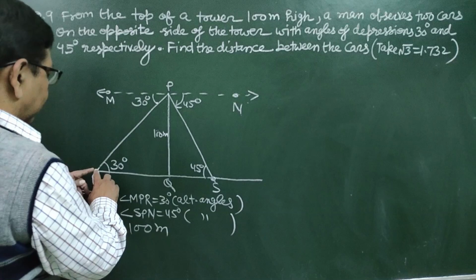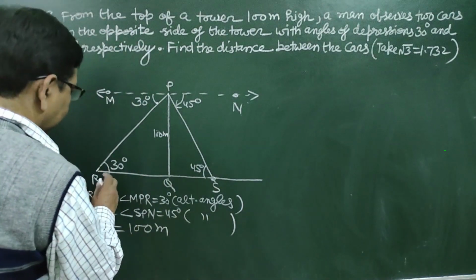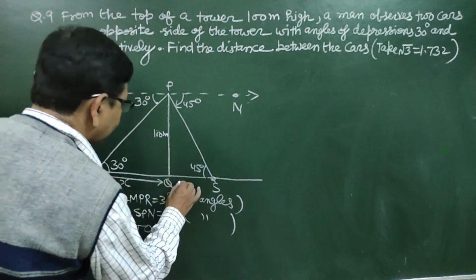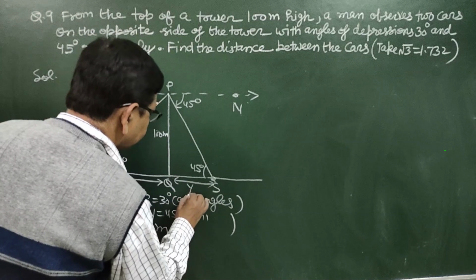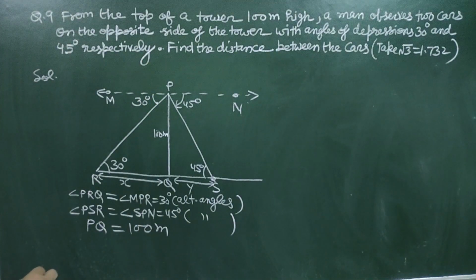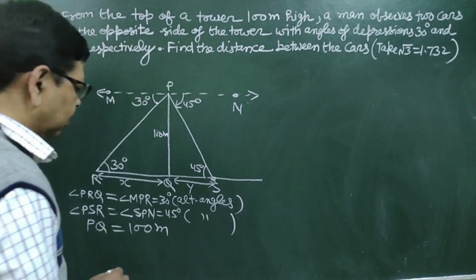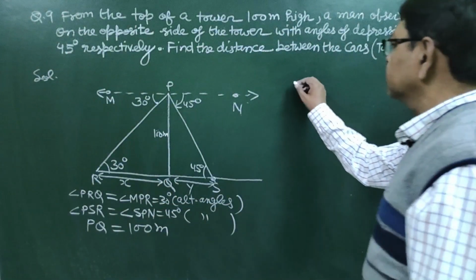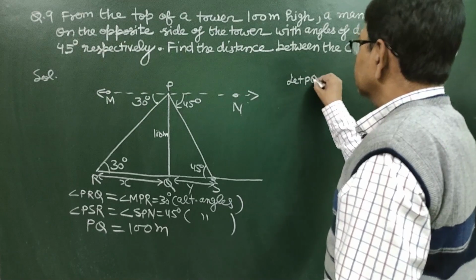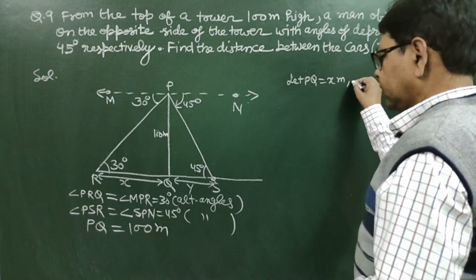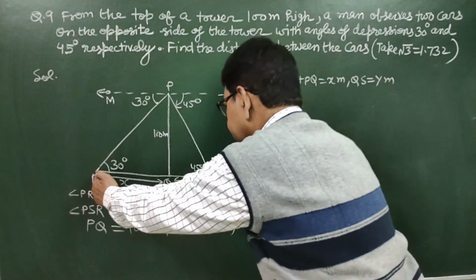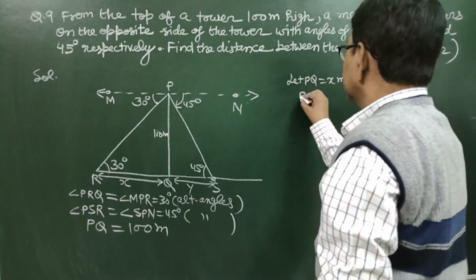If we want to find the distance RS, let us take QR as x meter and QS as y meter, and we want to find the distance between the cars, that is RS.